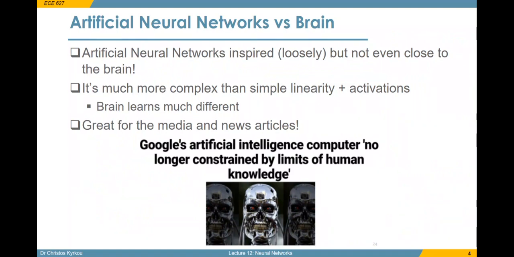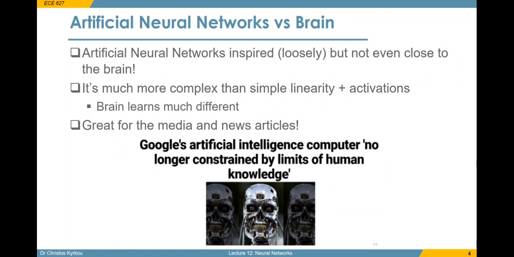So the widespread use of neural networks in various domains has a lot of people writing headlines like, for example, that these networks can now surpass human knowledge, and they can learn many things like the human brain. But as we will see in the class, this is really not the case.